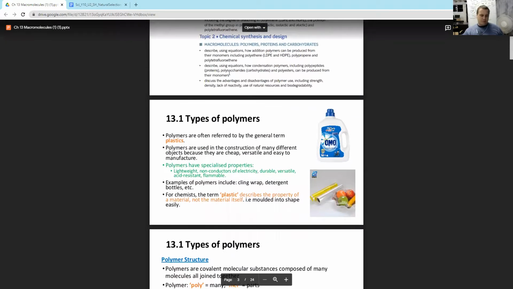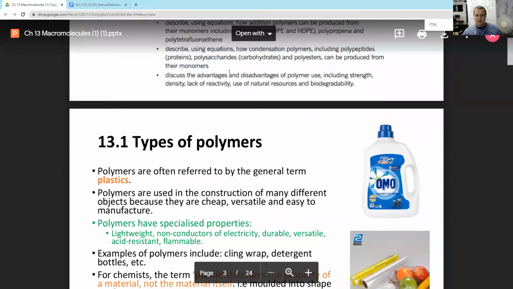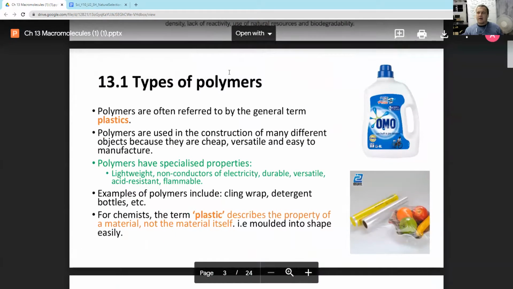So polymers, and in this unit they're referred to as plastics, but polymers are anything that's made up of many monomers. The main part about plastic is it's cheap, and for the moment it's plentiful. Does anyone know how we make plastics or what we use?